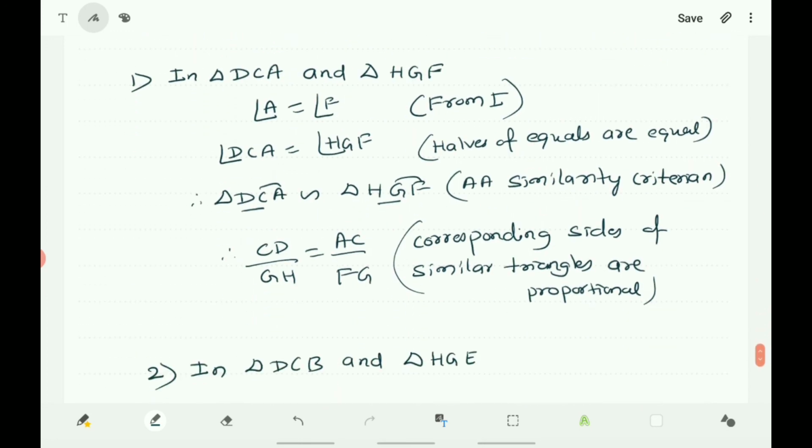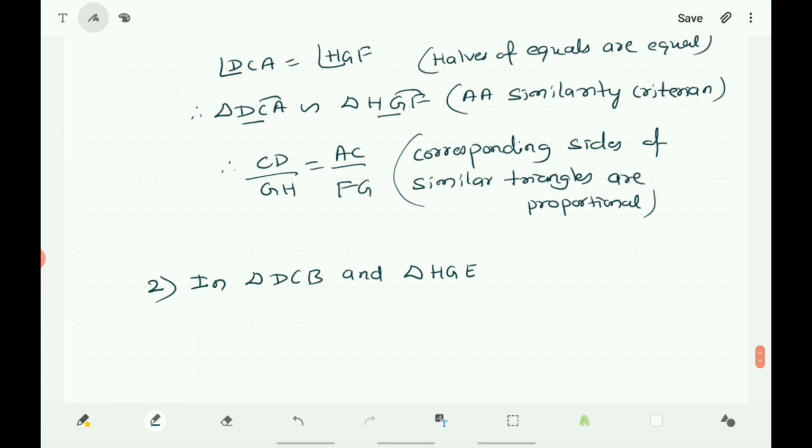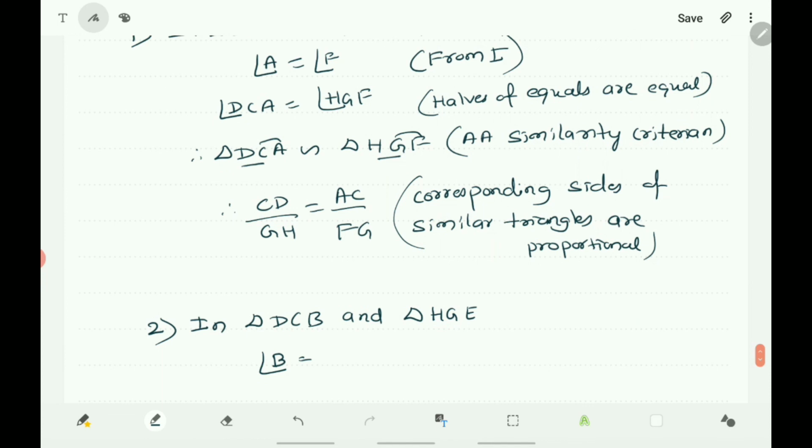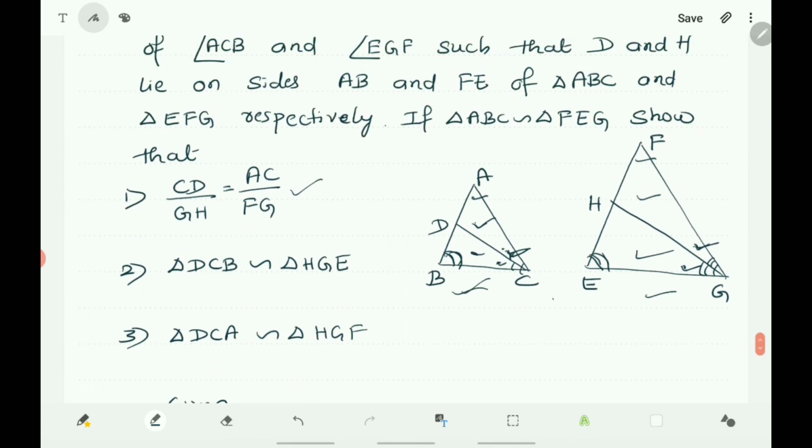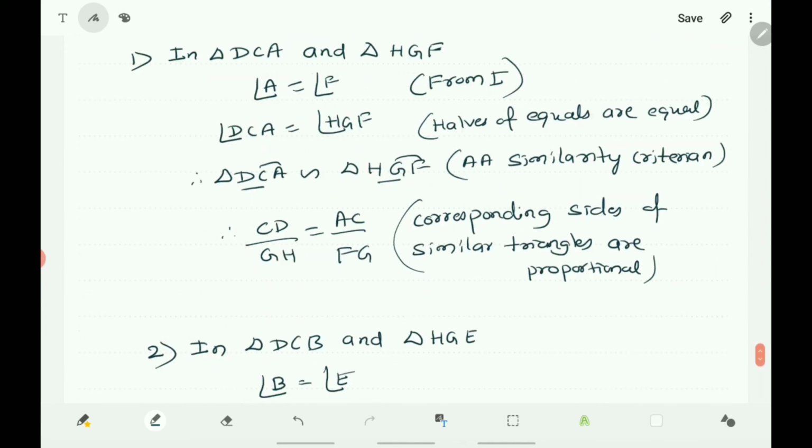So you write which angles are equal here. Angle B is equal to angle E. They are the corresponding angles of similar triangles.